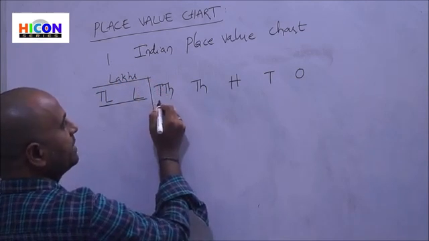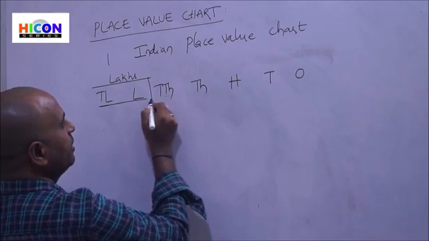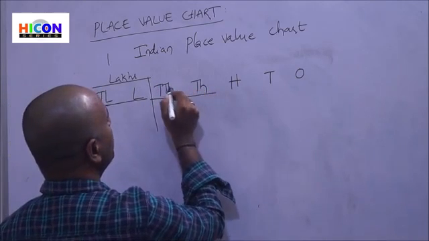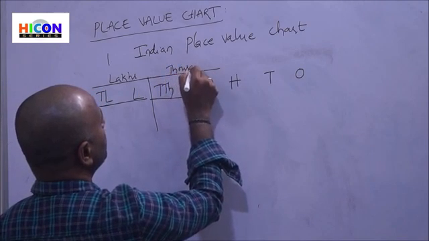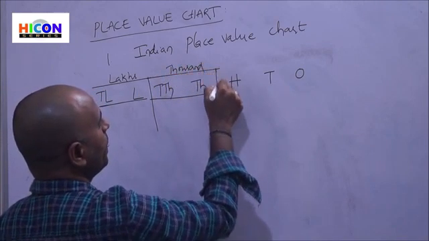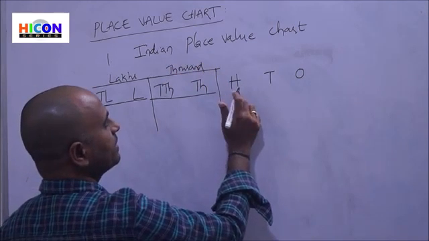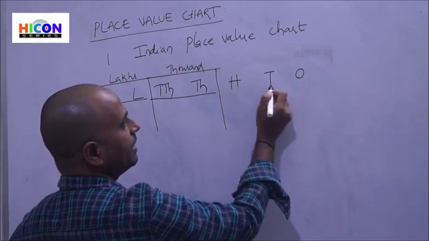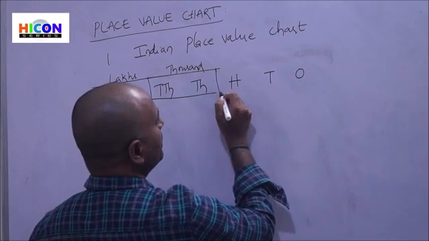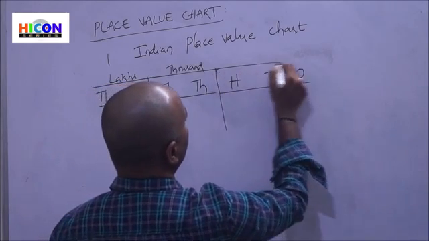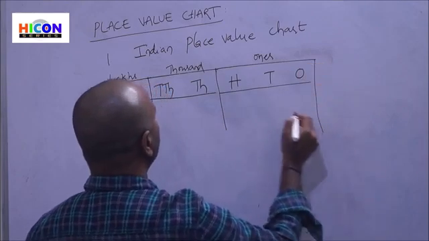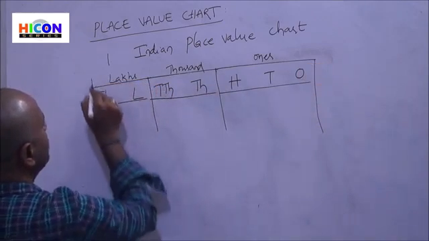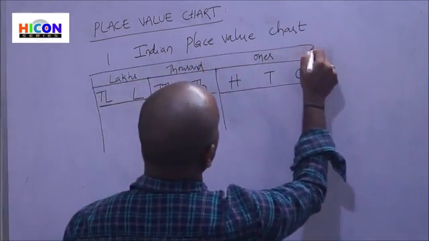And these two places, that is 10,000s and thousands places, together are called thousands period. And these three places, that is hundreds, tens and ones, together are called ones period. So this is the Indian place value chart.